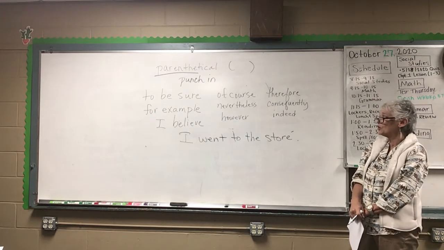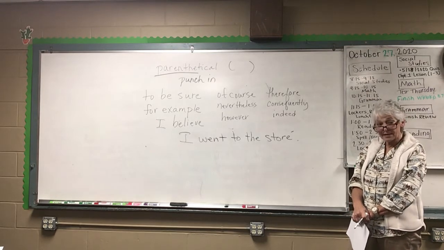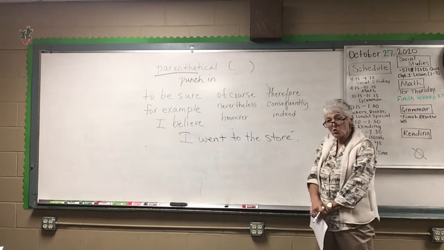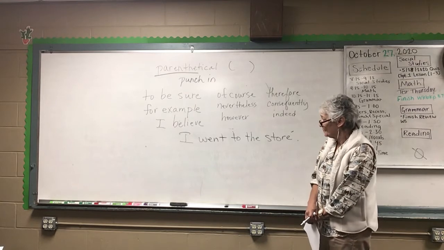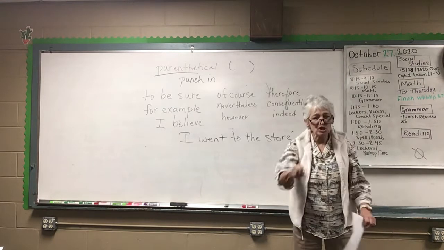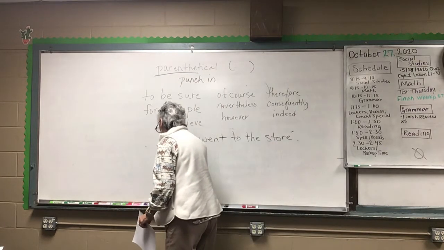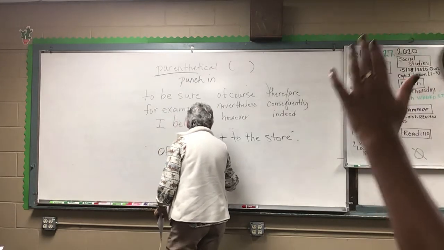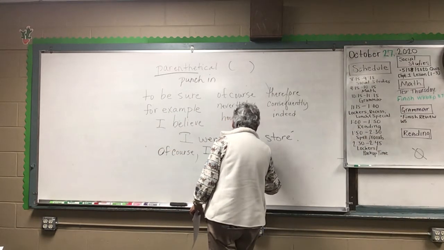I've got one I want to use. Now figure out where you're going to put it. All right, which one are you picking? Of course, of course I went to the store. Okay, he's not punching it in. He's starting his sentence with it. Okay, that's okay, but I don't want you to do that.